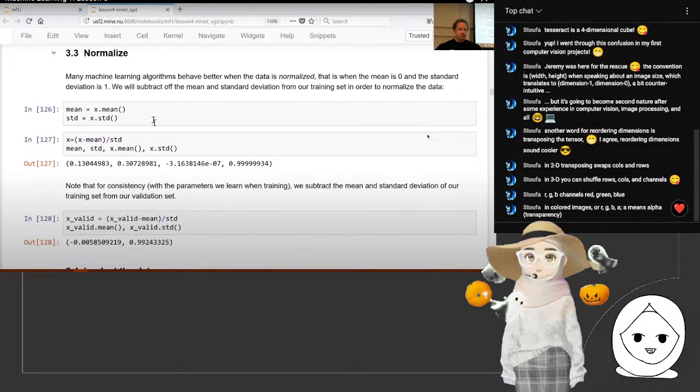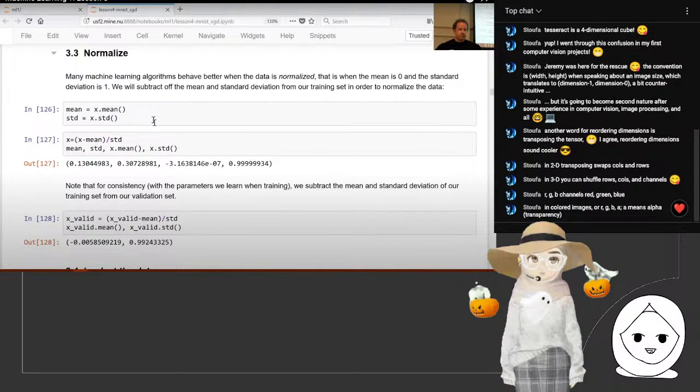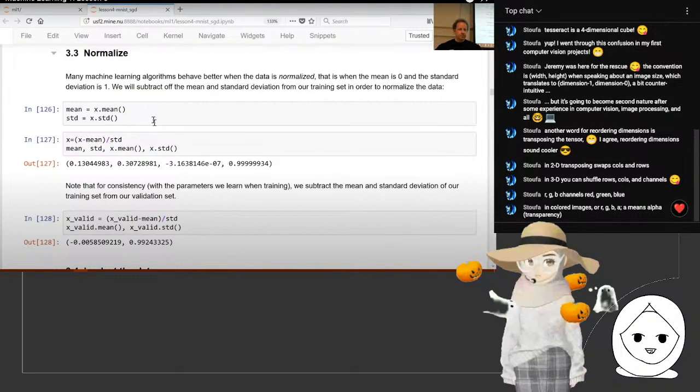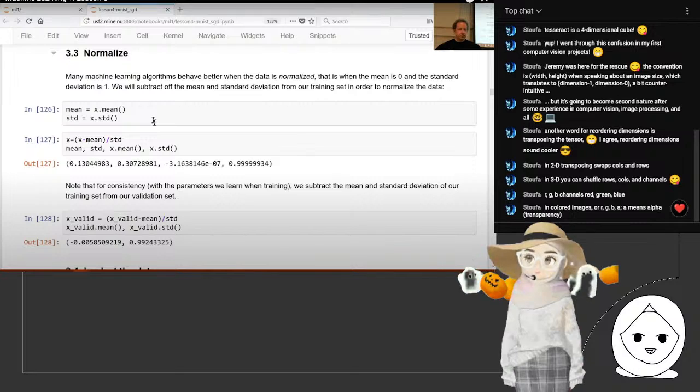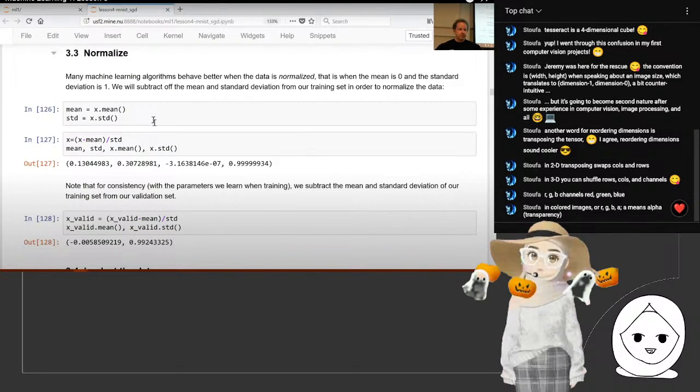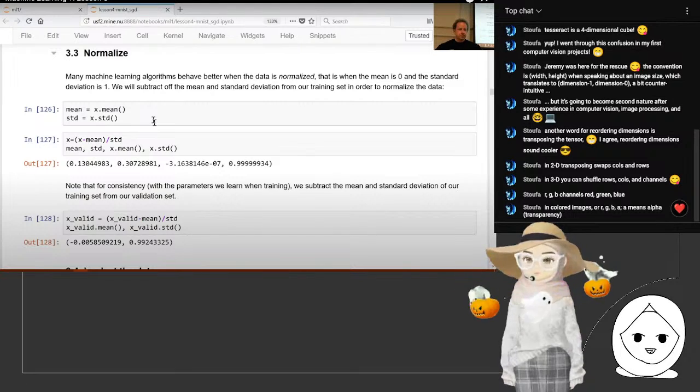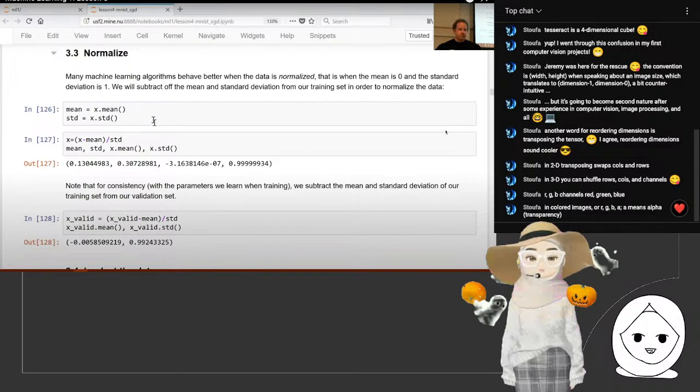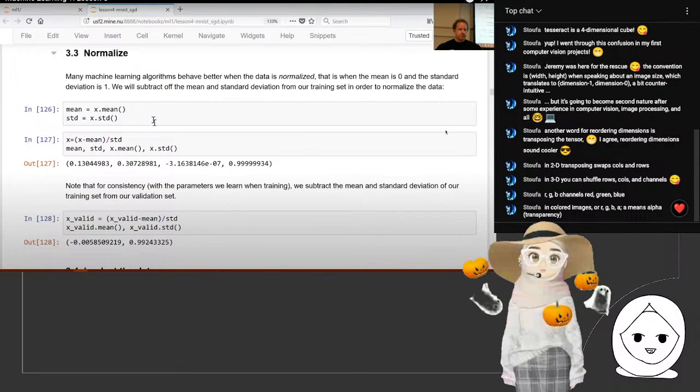I just didn't know it was called channels. And that we're still talking about images and not just three-dimensional arrays or matrices or just numbers. Well, images are just numbers, but yes, okay. Wow, so shuffling rows and columns and colors?